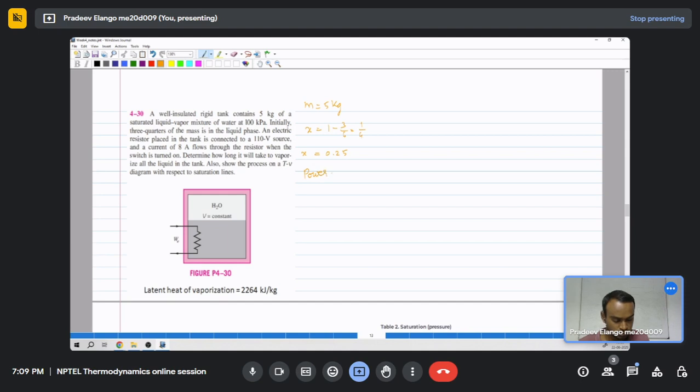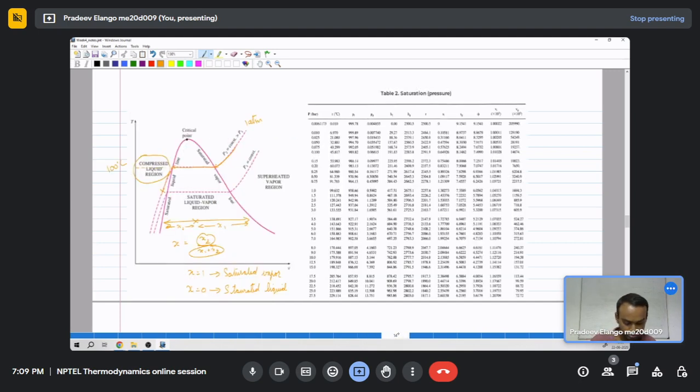Power is voltage into current, so that is 110 into 8, and that is 880 watts. And how long will it take? This is a constant volume process, and the latent heat of vaporization can be taken as this value, or we can also take it from the table.